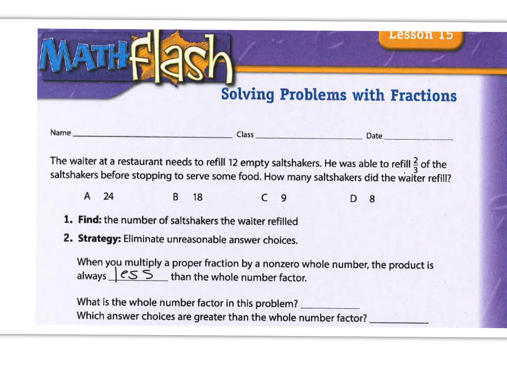Because if it is a fraction like this, 2/3, then it's going to be less than, because 2/3 does not equal even one whole. So what is the whole number factor in this problem? The whole number factor is 12. So then the answer choices greater than the whole number factor are 24 and 18. So we know it can't be either of those.